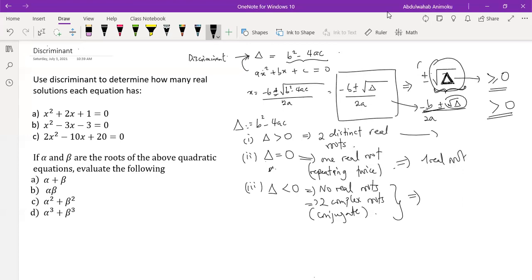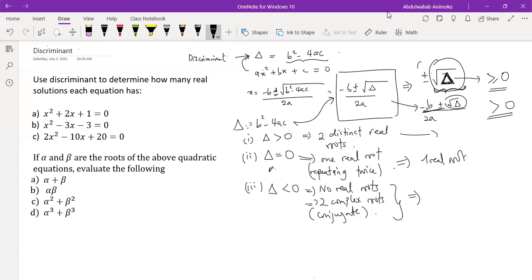So these are the conditions which determine how many real roots we have, tied with the value of the discriminant, which is tied to the solution of the general quadratic equation.